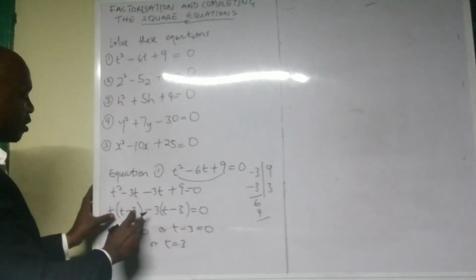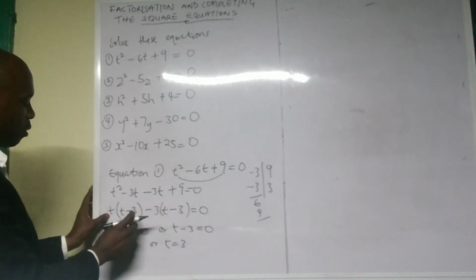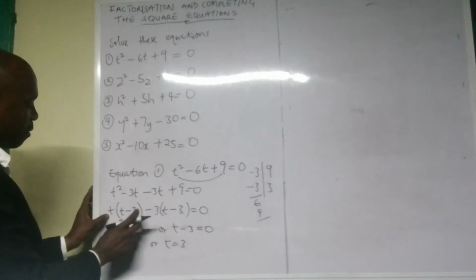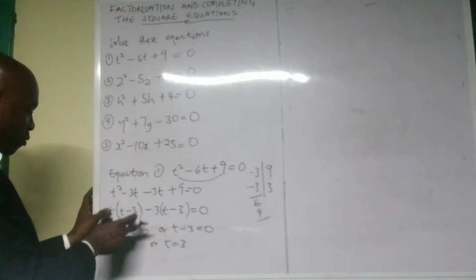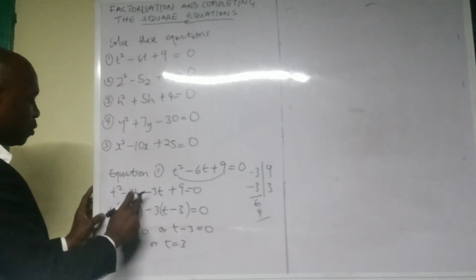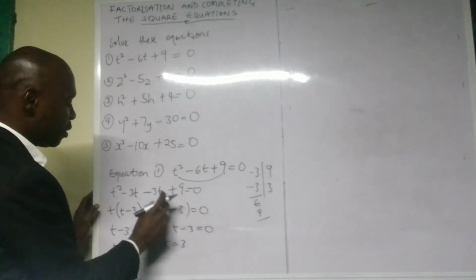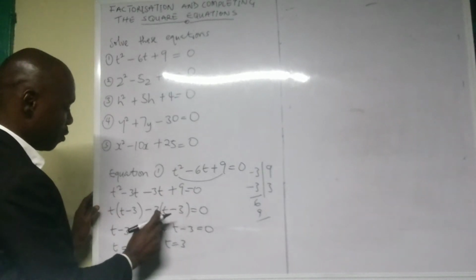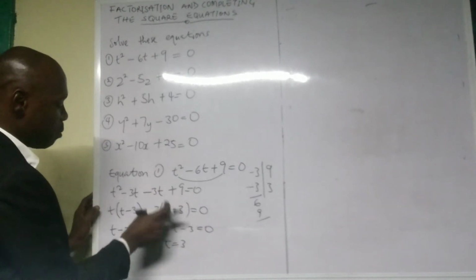So we close the bracket, and we bring out the common factor. Inside here, t in 2t gives us 1, and 3 remaining. Then we bring out 3 out of the one that is lesser here. 3 in 3 is 1, remaining t.